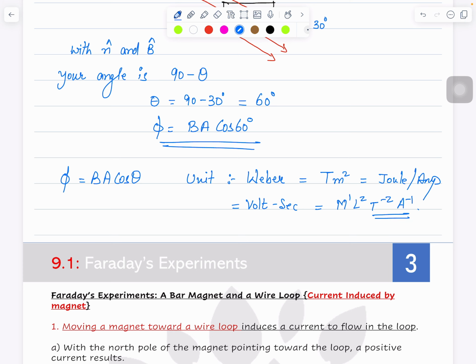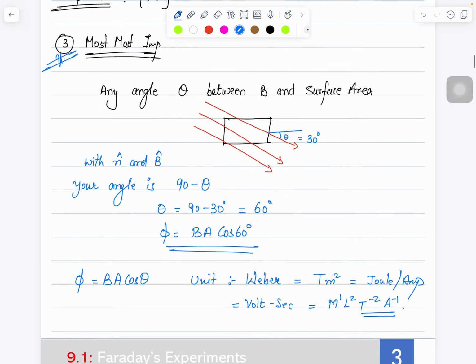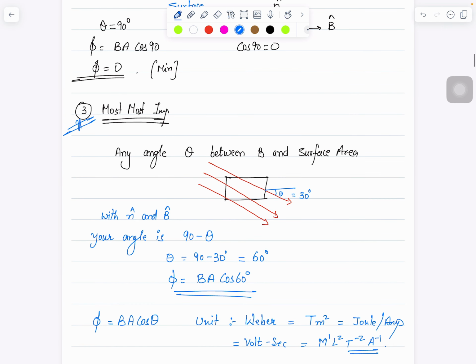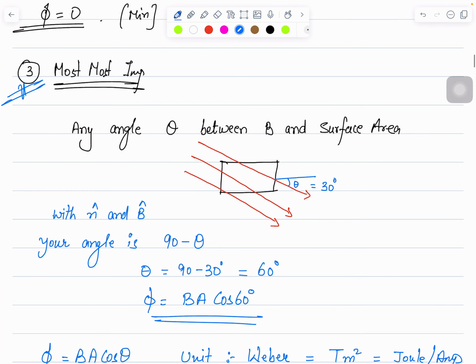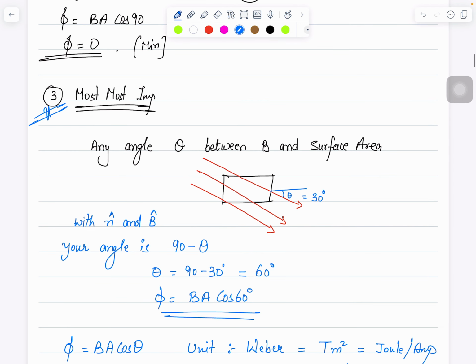Clear, guys? Till here, I thought you will understand the concept of magnetic flux and how you need to solve them. Clear? Okay.